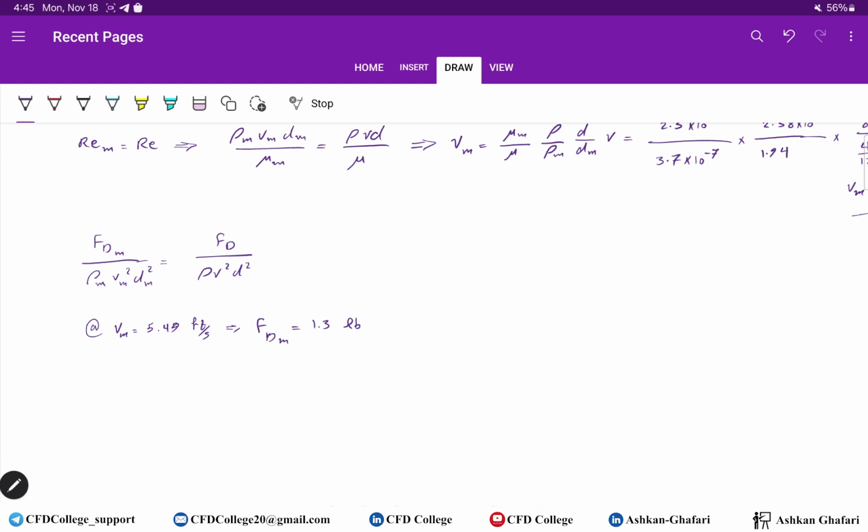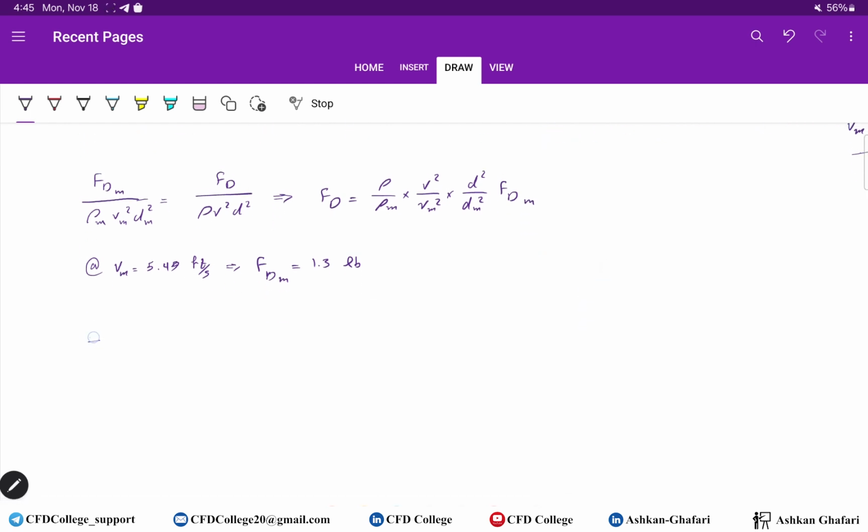So now we can solve it, because from this equation we know that Fd equals rho over rho m times v square over vm square times d square over dm square times drag force of the model. So Fd equals 2.38 10 to minus 3 over 1.94. The units are the same.